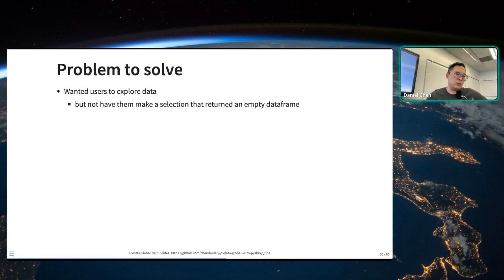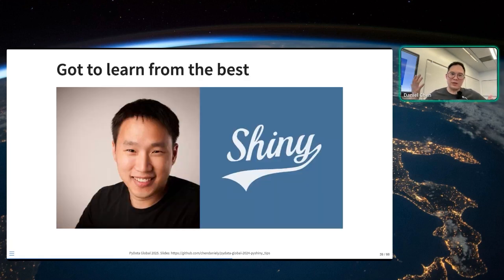And so the problem was I want users to explore a data set, but I really wanted the filters themselves to react to the inputs such that the user doesn't accidentally give themselves an empty data set. And so I got to learn from the best.